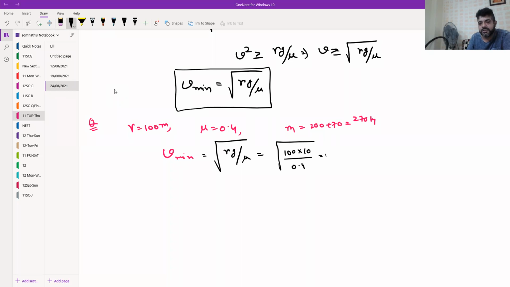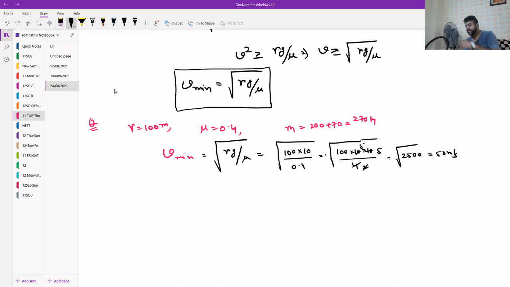So how much do you have? 100 times 10 times 10 by 4, that is 2500. So that is 50 meter per second. Yes or no?